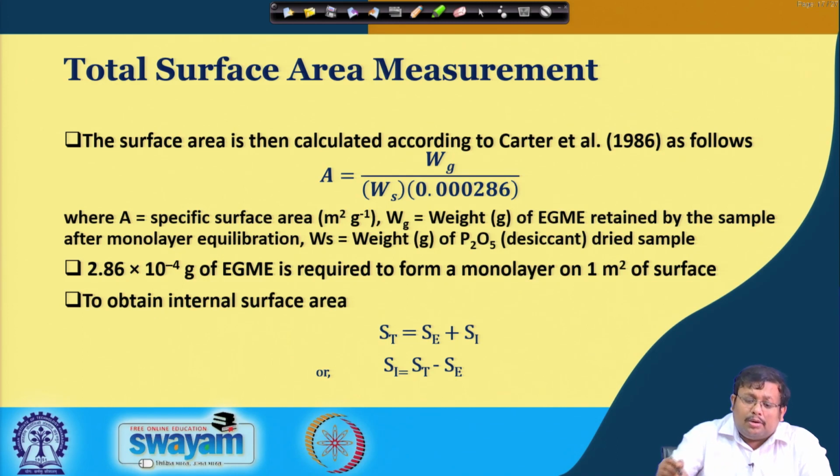So, once we get the total surface area, we can also calculate the internal surface area by subtracting the external surface area. This is how we can calculate internal surface area, external surface area and the total surface area.